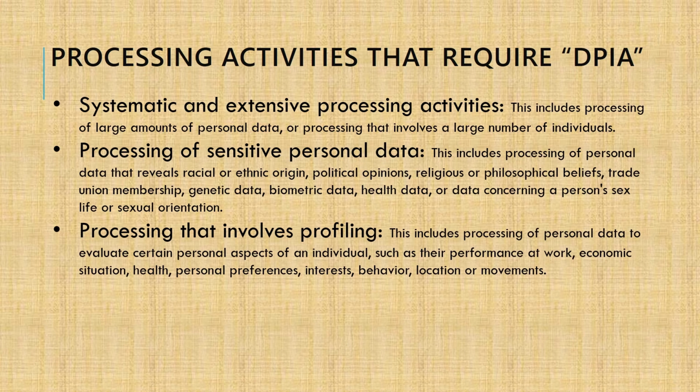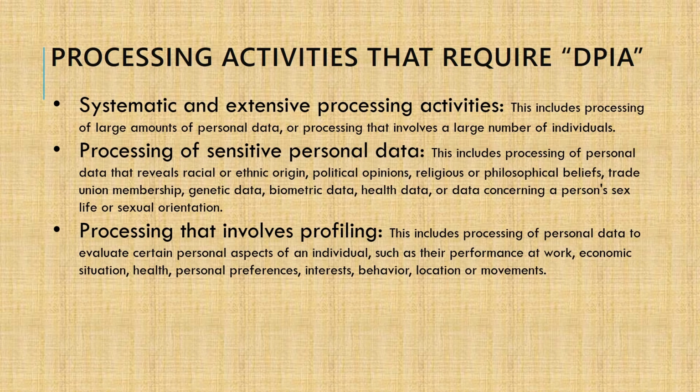Processing that involves profiling. This includes processing of personal data to evaluate certain personal aspects of an individual, such as their performance at work, economic situation, health, personal preferences, interest, behavior, location, or movements.